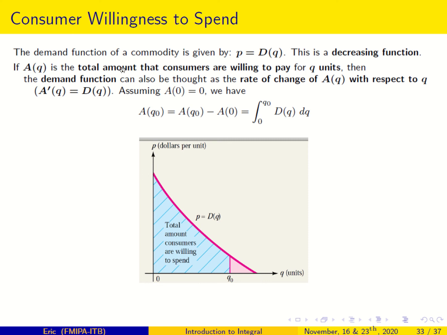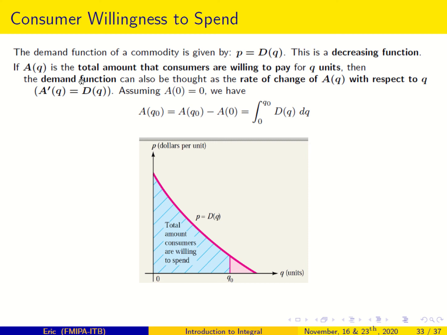If A(Q) is the total amount that consumers are willing to pay for Q units, then the change of total amount, if you add one unit, is the unit price you pay.